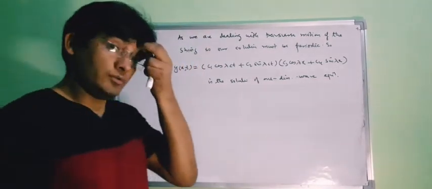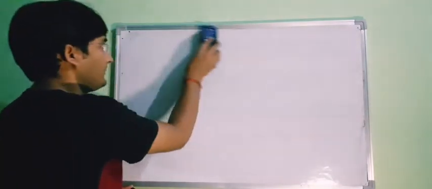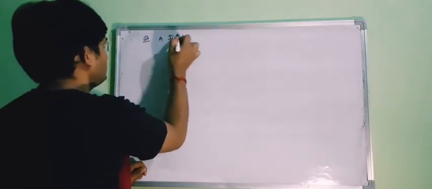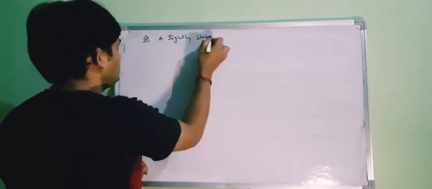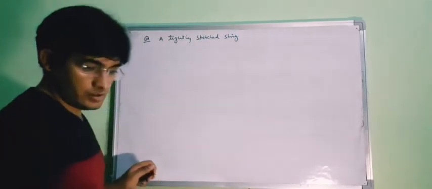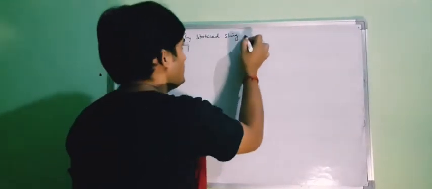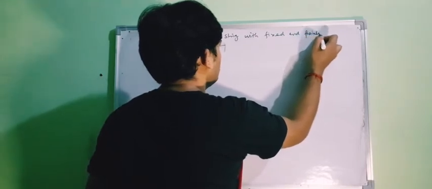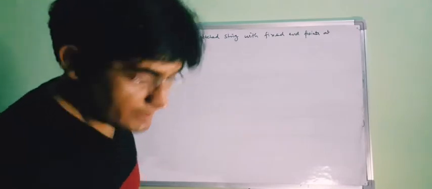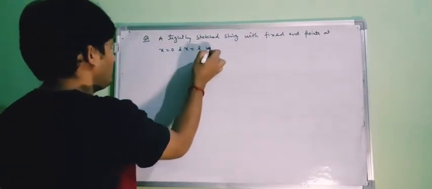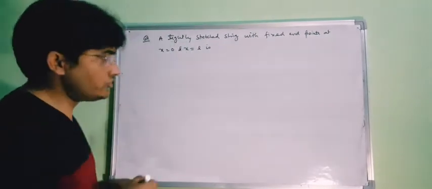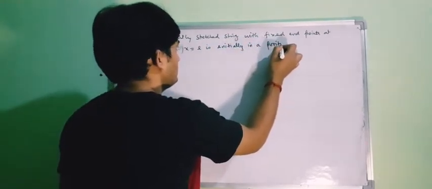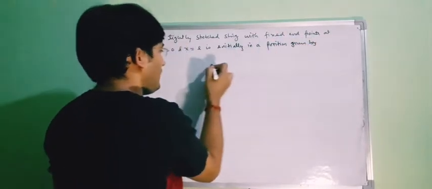Okay. Now let us solve one question. Our question is, a tightly stretched string with fixed endpoints at x equal to 0 and x equal to L is initially in a position given by, and now I am solving two questions.